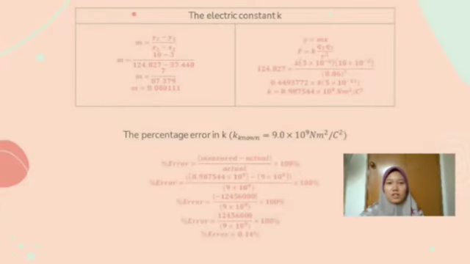And then we calculated the electric constant K. We get 8.987544 times 10 to the power of 9, while the known electric constant K is 9.0 times 10 to the power of 9. From this calculation, we can see that there is 0.14% error in this experiment.